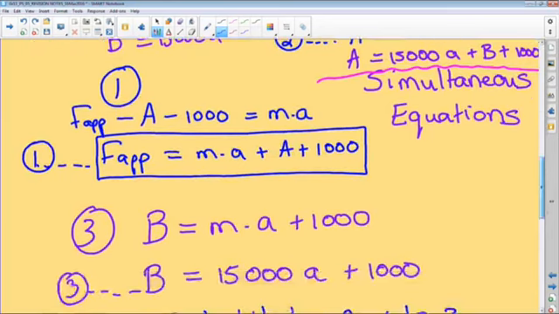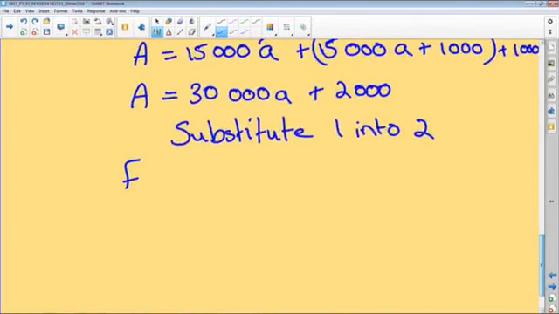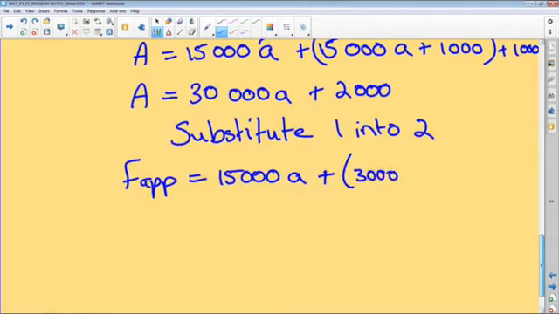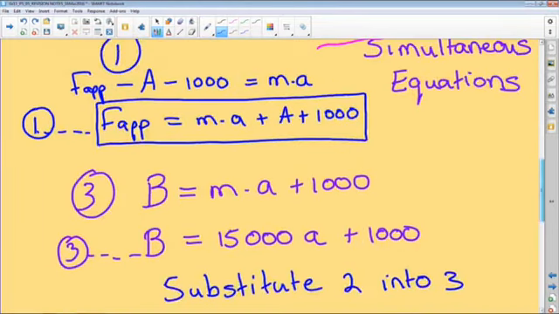So let's have a look. So force applied equals MA, which is 15,000 A, plus A, and I'm going to put A in straight away, which is 30,000 A plus 2,000, and then I'm adding 1,000 at the end, even though everything's squished together. Let's just make sure: MA plus A plus 1,000.